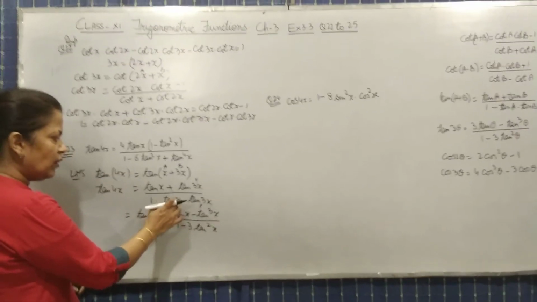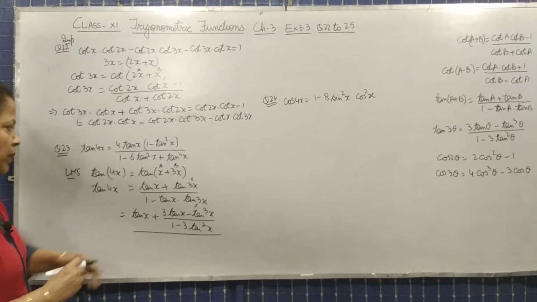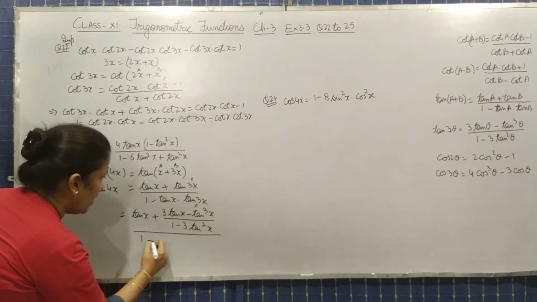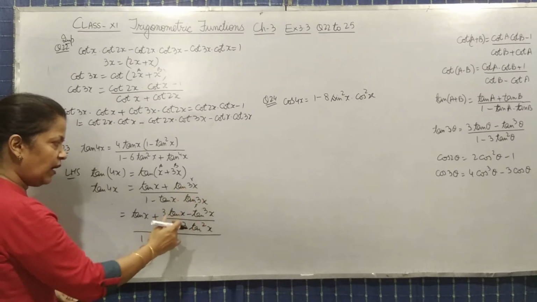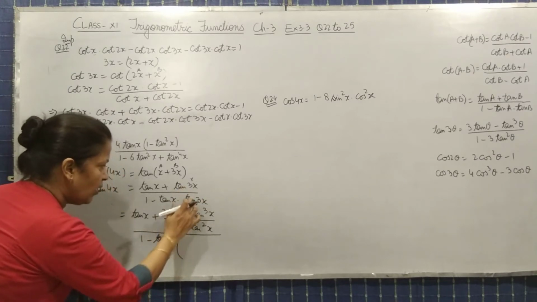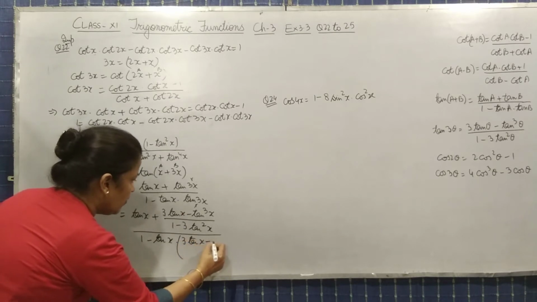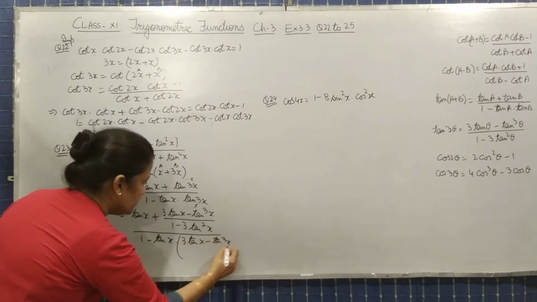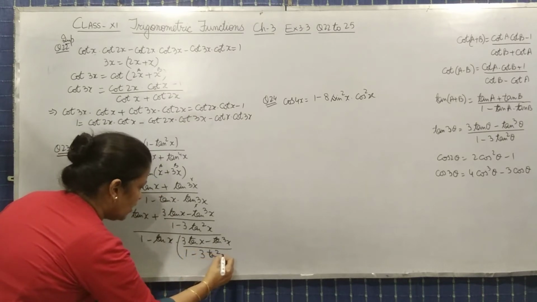Same way, apply the formula in the lower part also. It will become 1 minus tan x, and instead of tan 3x, again put the value: 3 tan x minus tan cube x upon 1 minus 3 tan square x.